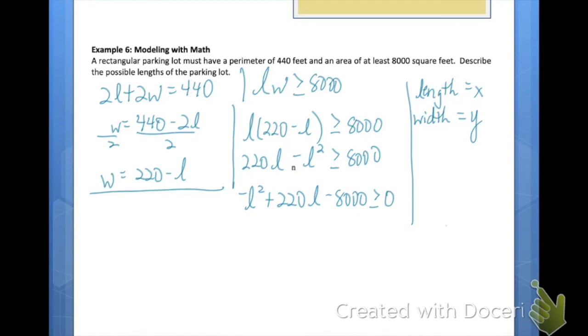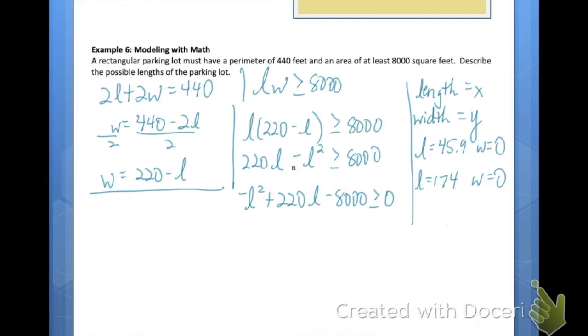So you'll need to adjust your window so you can see that parabola, and then do your second calculate and then number 2 trace. And you'll find that your 2 x-intercepts are at about (49.5, 0) and then (174, 0). So we want the part of the parabola that is greater than where y is 0.